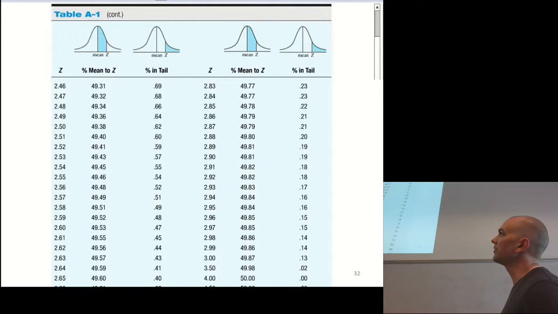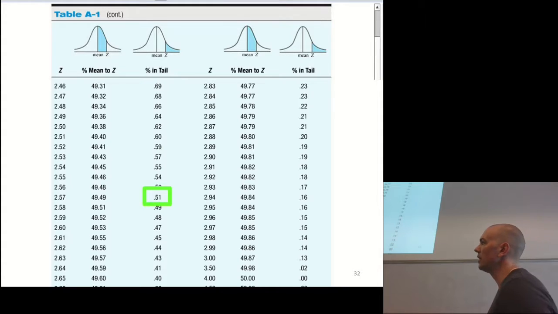We look up 0.5% in the tails. Once again, not that friendly. So we'll go with the closest one, 0.51. Look up the associated z-score, 2.57. And our cutoff scores, in this case, is 2.57. So minus 2.57 and positive 2.57.